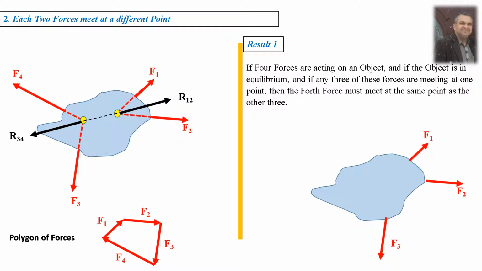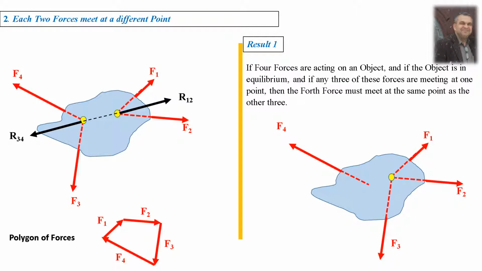Imagine, for example, these are three forces acting on an object, and we assume they meet at one point, and then there is a fourth force. Just for simplicity, we assume this is not passing through this point, so if you extend this line, it will not pass through here.